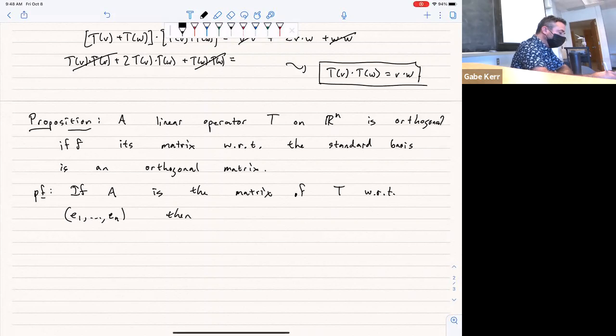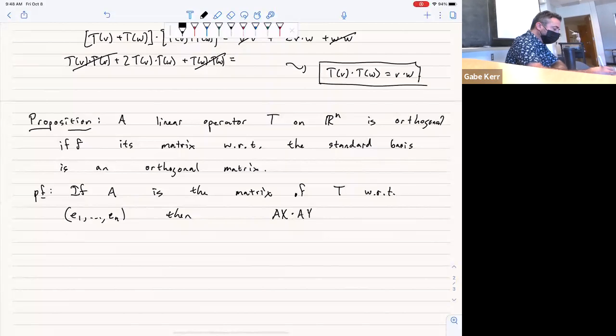Then we want AX dot AY equal X dot Y for all the column vectors X and Y. But this equation is just saying, how do we define it? We take the transpose and we multiply these matrices, which should equal X transpose Y.